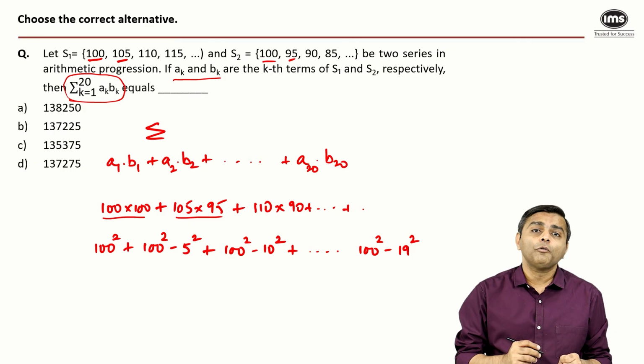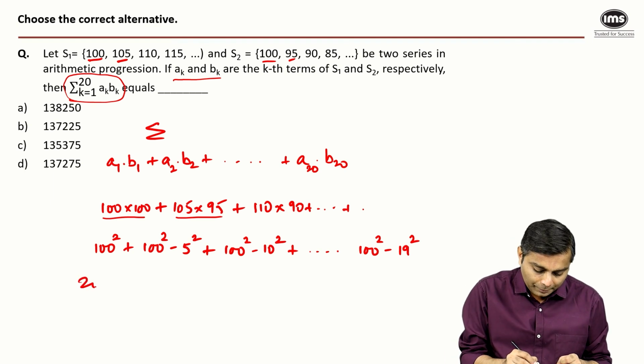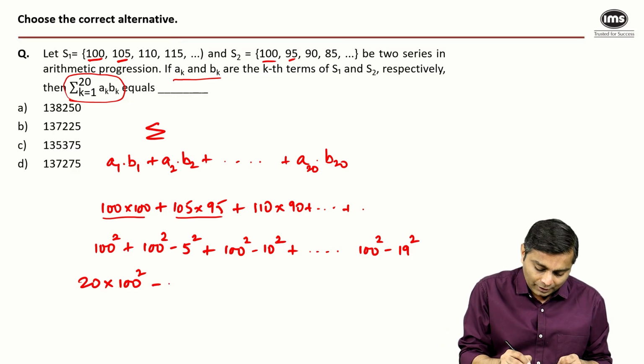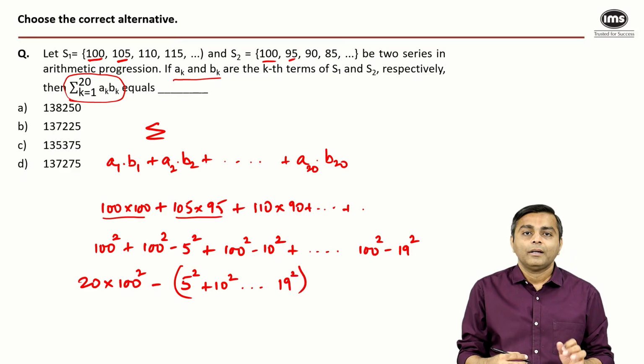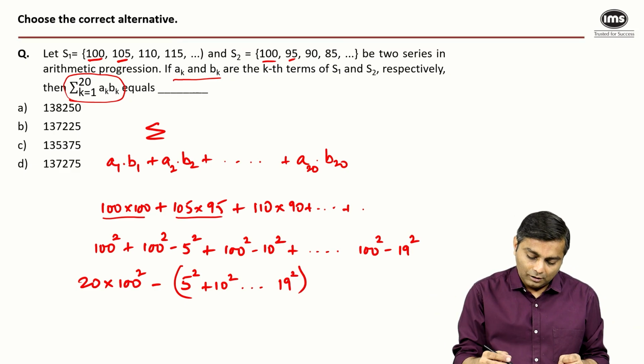Okay, so now what do we have? We have 20 such 100 squares, so I am going to separate them out. 20 into 100 squared, and then take a minus common. The rest is 5 squared, 10 squared till 95 squared.